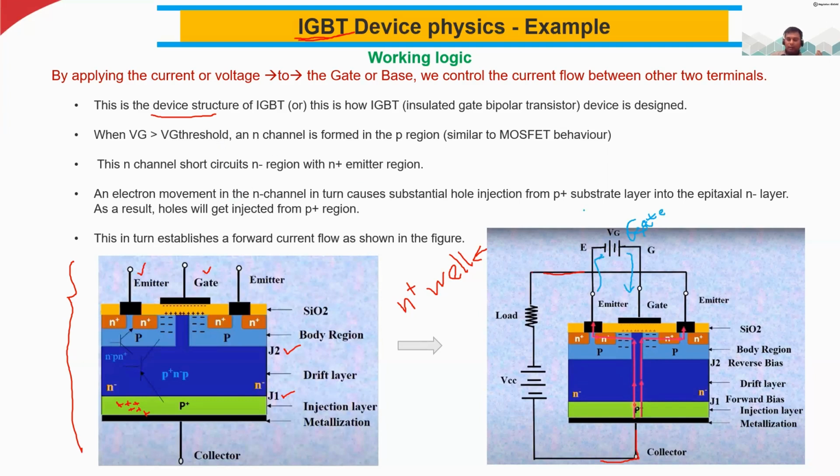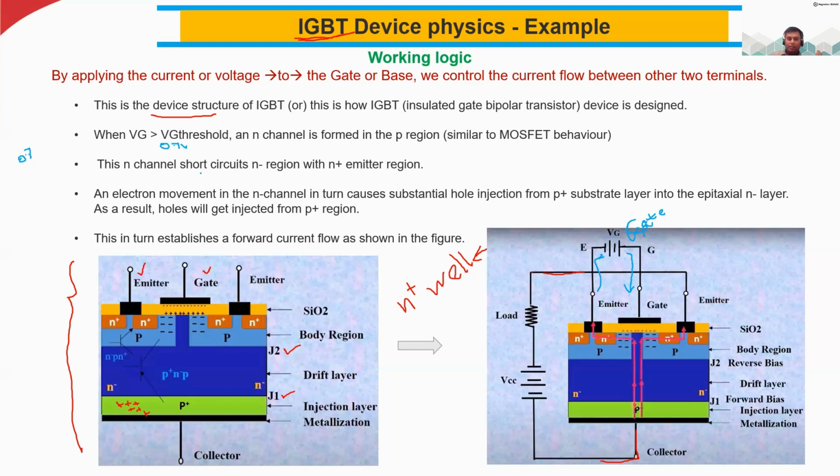Whenever this VG is greater than VG threshold, that is the threshold voltage of this device, typically 0.7 volt for silicon based semiconductors, then an N channel is formed in the P region. N channel means there are electrons.